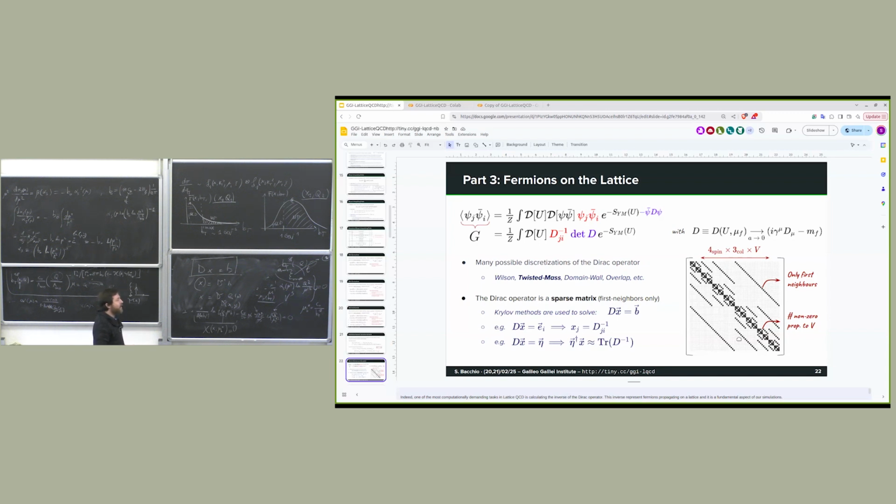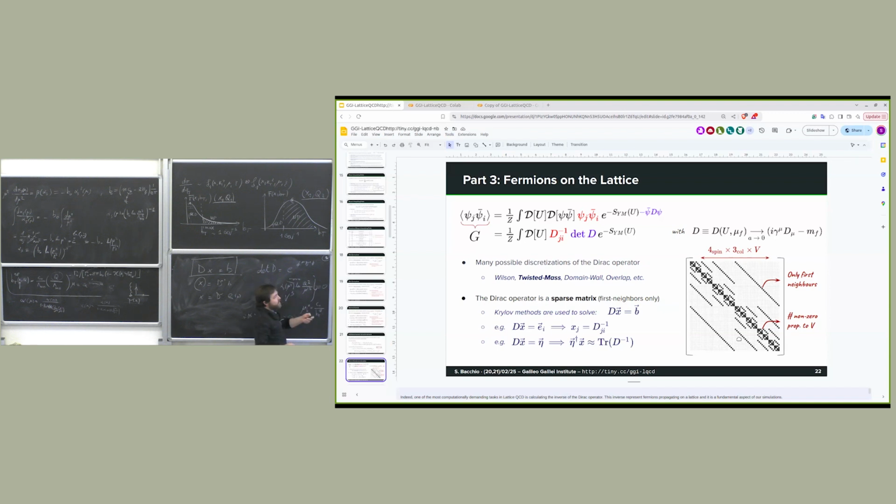If you want to compute, for instance, a trace of the inverse of the Dirac matrix or the determinant, there are again stochastic methods that boil down to solving linear systems. For instance, the determinant of D can be written as the exponential of phi dagger D inverse phi.